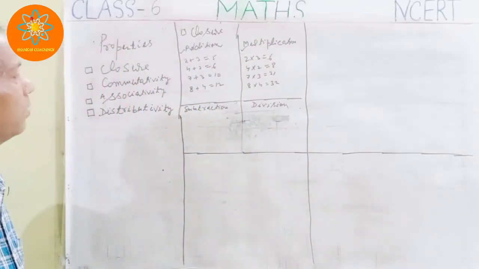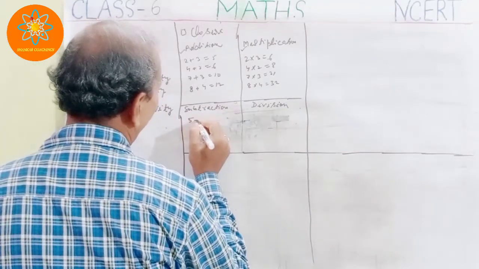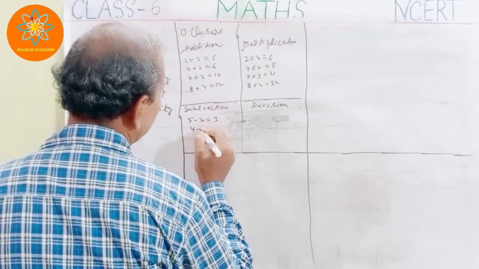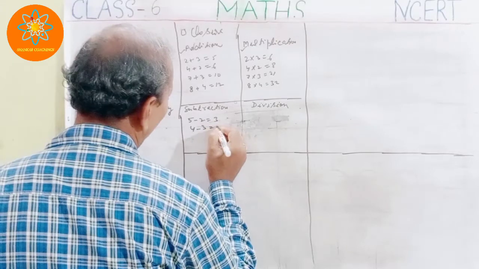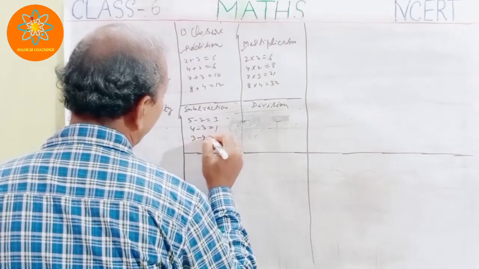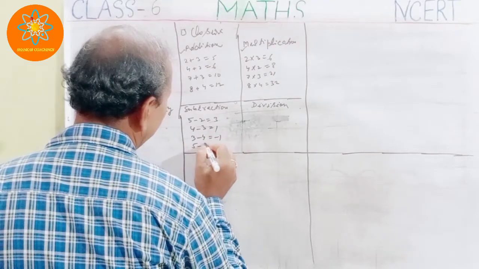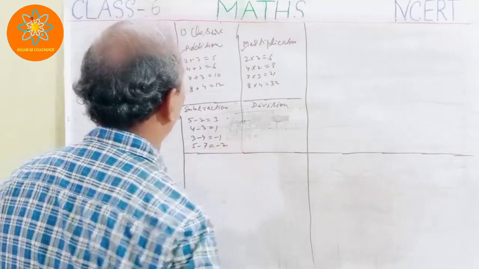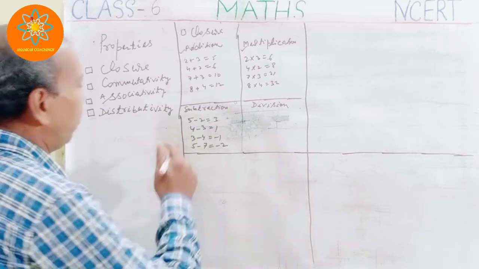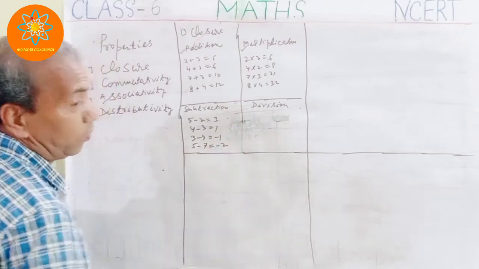Now come to the case of subtraction. Let's suppose I have 5 minus 2 is equal to 3, 4 minus 3 is equal to 1, and 3 minus 4 is equal to minus 1, 5 minus 7 is equal to minus 2. 5 minus 2 gives a whole number, but minus 1 is not a whole number.